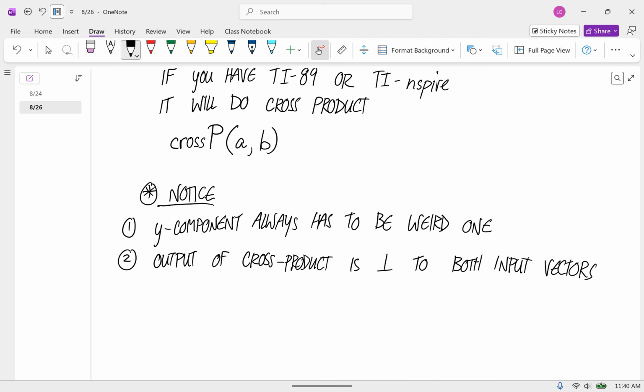The third is the cross product of any two vectors that are parallel is 0.